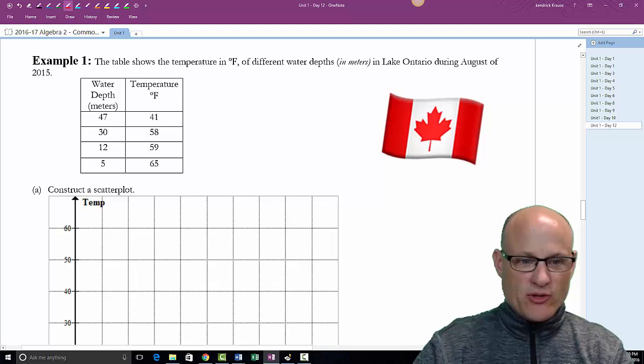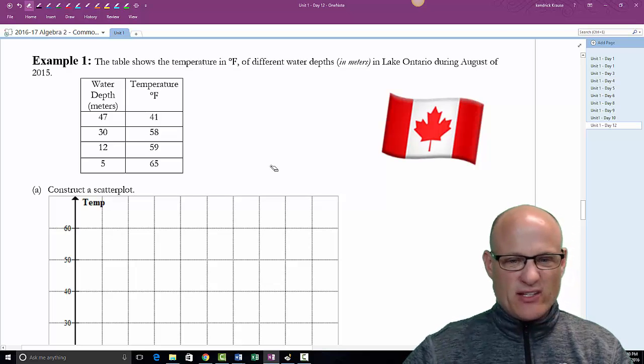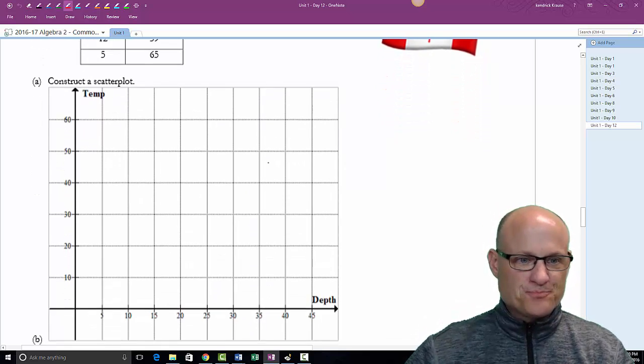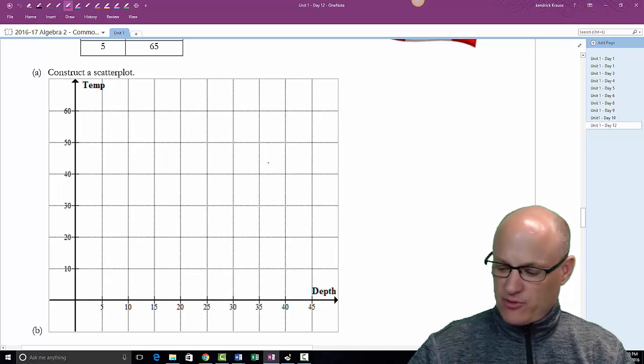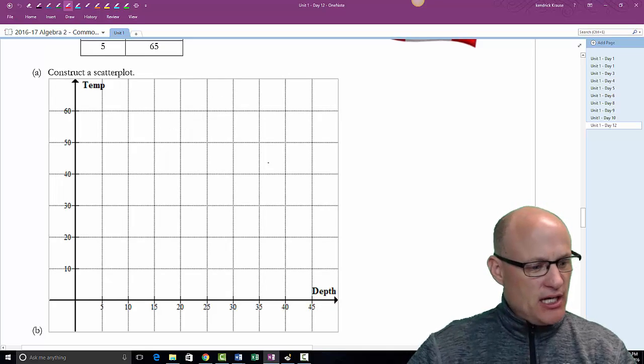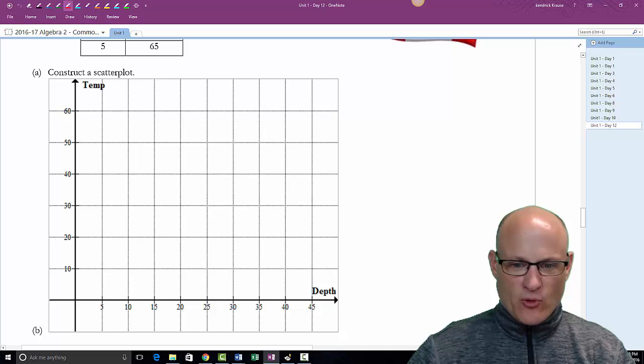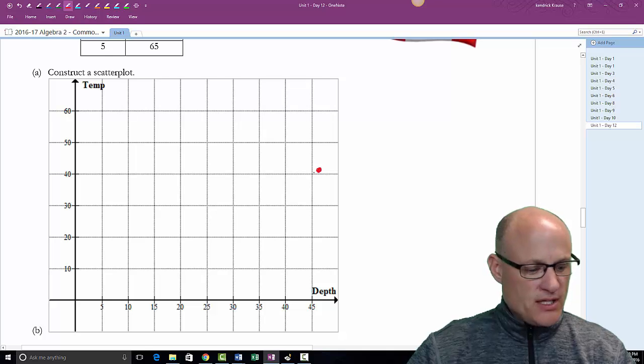Now before I do that, let me look to see what these things even look like graphically. So there's my graph paper, nicely handed to you. 47, 41, right about here. And then we've got 30, 58. And then we've got 12 and 59.